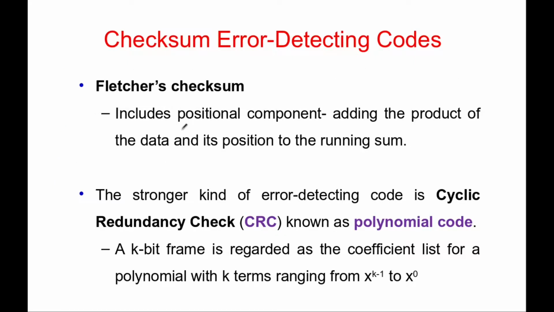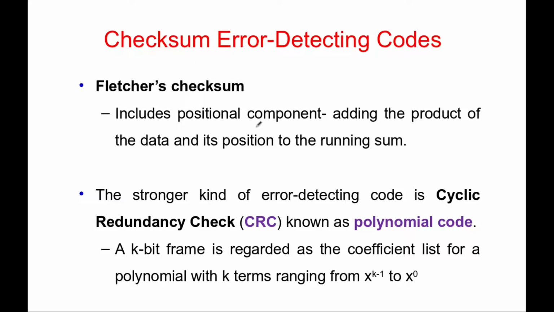But this method due to Fletcher can also detect those swapping errors, because it includes the positional component, adding the product of the data and its position to the running sum. It does not only calculate the addition of the product of the data component, but it also has the position in the checksum, and that's why swapping of the data parts can be detected.